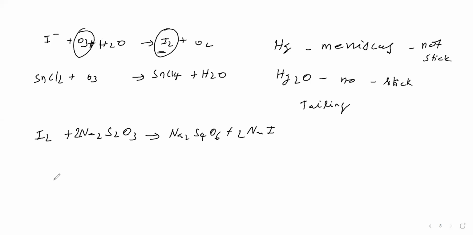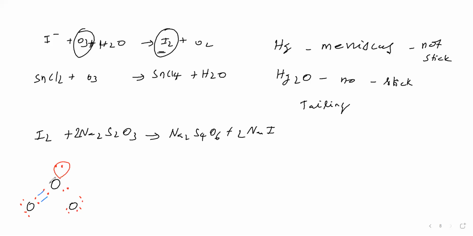Next we will see the ozone resonance structure. Ozone contains 3 oxygen atoms. Those 3 oxygen atoms we write like this, in a bent form, and each oxygen has 6 electrons in its valence shell. For this oxygen also 6 electrons, for this oxygen also 6 electrons. Now we will go for bonding between these oxygens. A double bond is there.